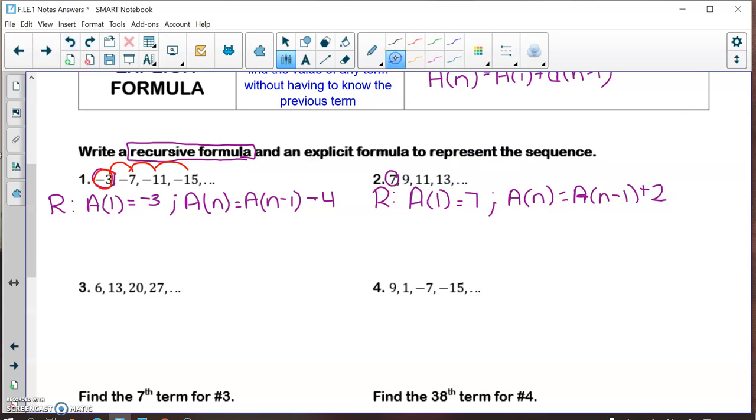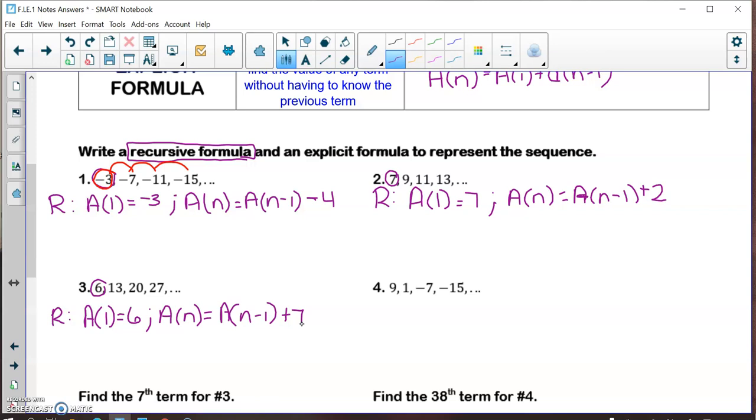All right, number 3, let's do the recursive formula. Your recursive formula for the arithmetic sequence is a of 1 is equal to, and then you report your first term, which in this case is 6. Then we draw a semicolon, and we write a of n is equal to a of n minus 1 plus your common difference. In this case, we're adding 7 every time, so I'm going to add 7 on the end of the recursive formula.